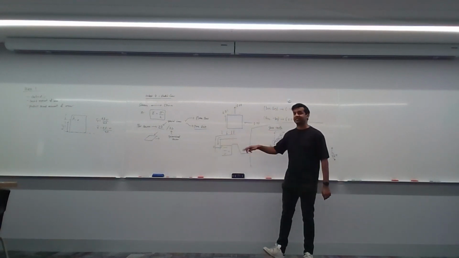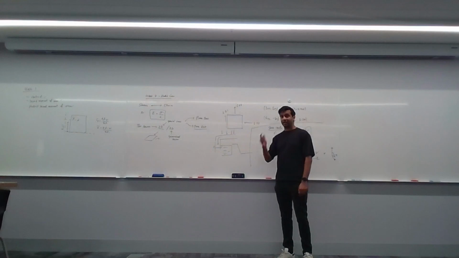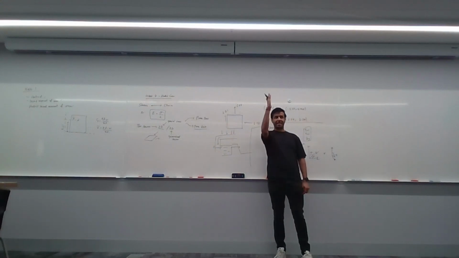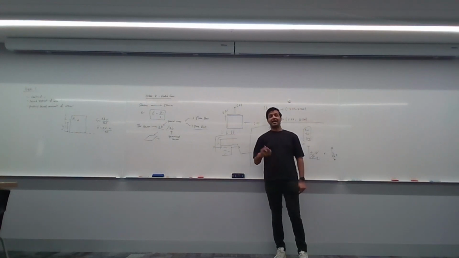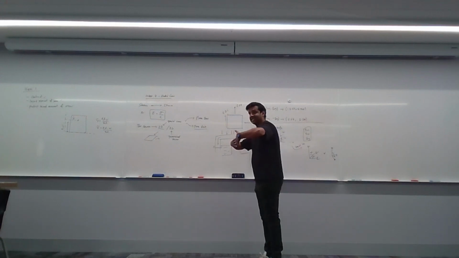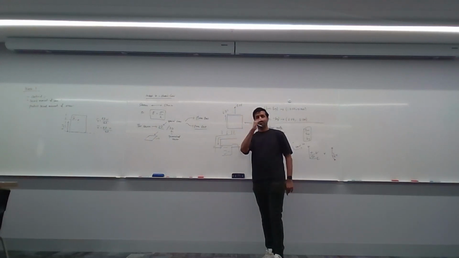The only way this dam can strain, like move, is this way. Imagine this dam is moving out of the board like this. The dam won't buckle this way. It will only just curve in one direction.